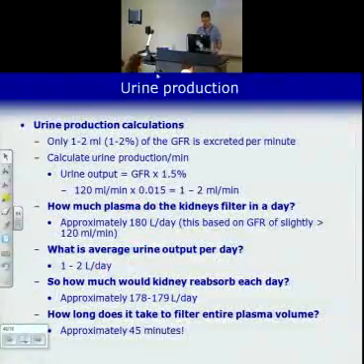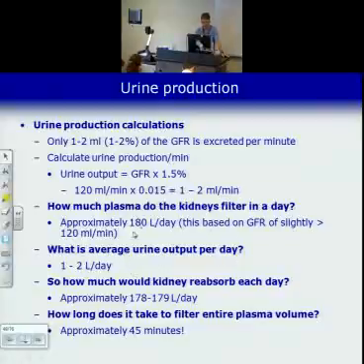All right, so in the big picture, here are all the fun facts of what you do in a day. If you do the math, 180 liters a day this filtering system is doing. That's pretty massive, pretty impressive if you think about that. 180 Coke bottles lined up on the table is running through those 2 little 4-inch kidneys.